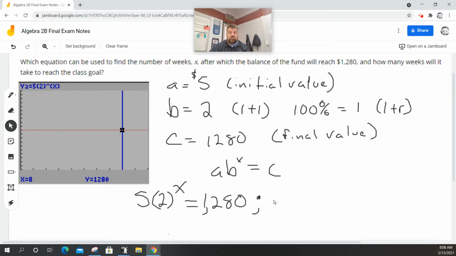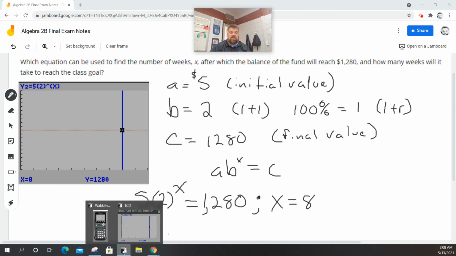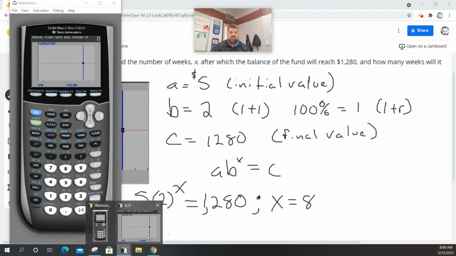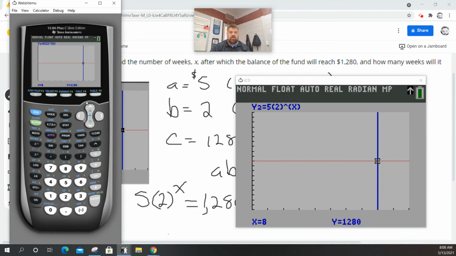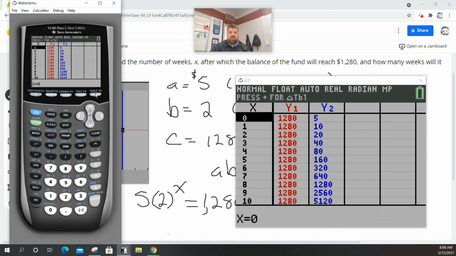So let's write down the actual solution. So we're going to say that x equals 8. And then we could verify that by just looking at the calculator one more time, except this time we're going to look at the table of values. So if I click table of values and I scroll down to where x equals 8, you could see right there that the y value is 1280. Okay.